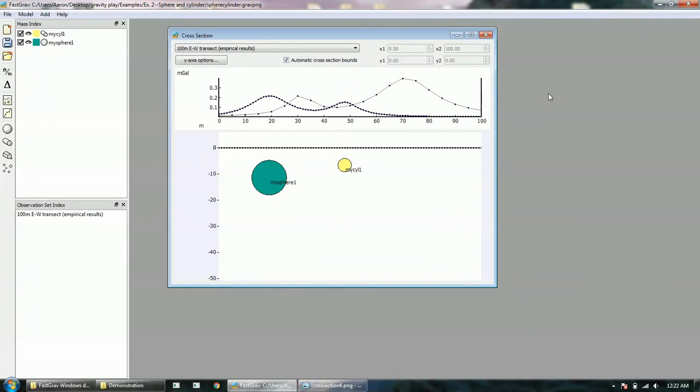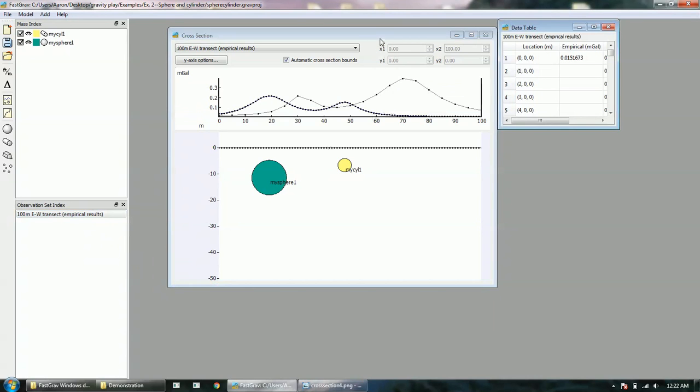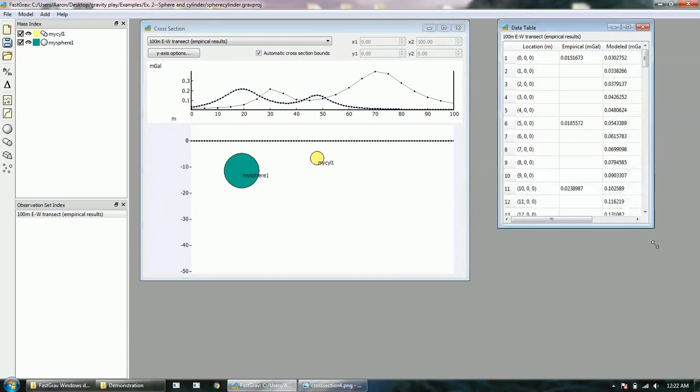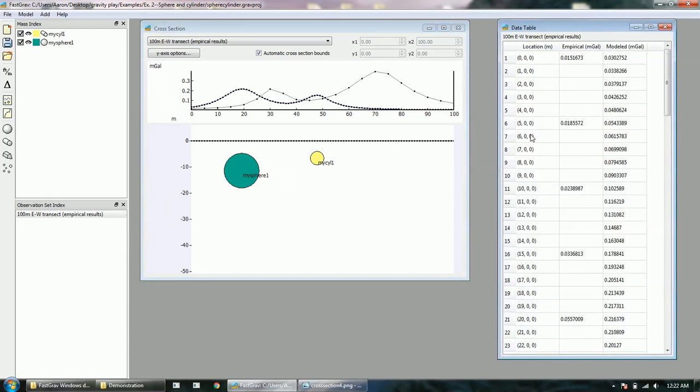So in this project, I've got a pretty boring observation set. Let's open up the observation set table and take a look at it for a second. Okay, so this column of the table shows the geographic location of each point in the observation set.